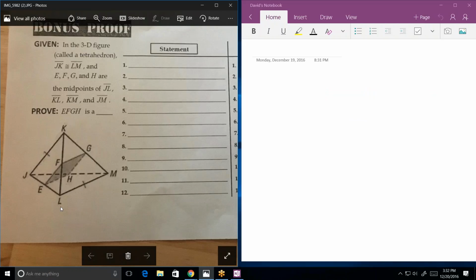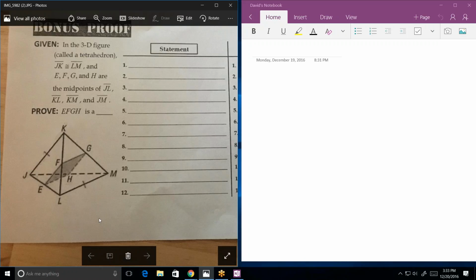The reason this gave me so much trouble was I thought it was a 3D problem. And it's not. It's a two-dimensional problem. Notice, if you look at triangle JKL, what is FE in that triangle?